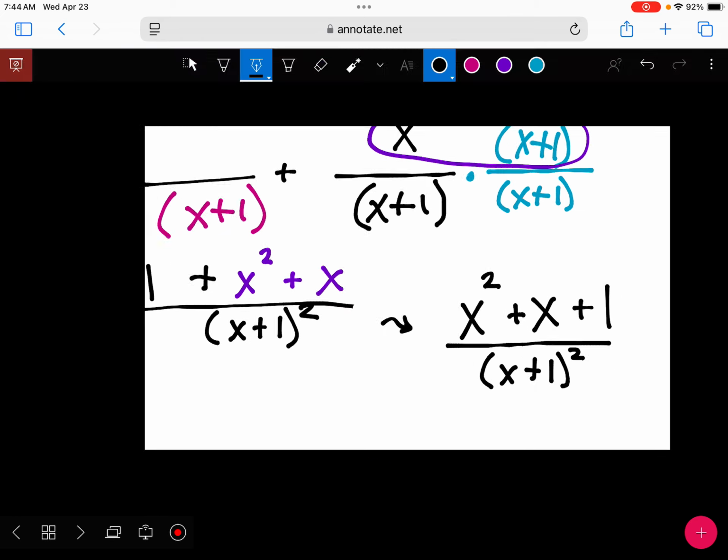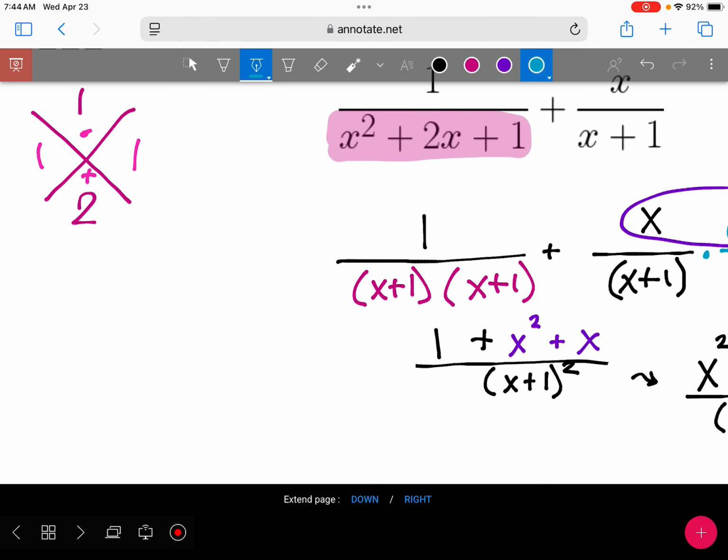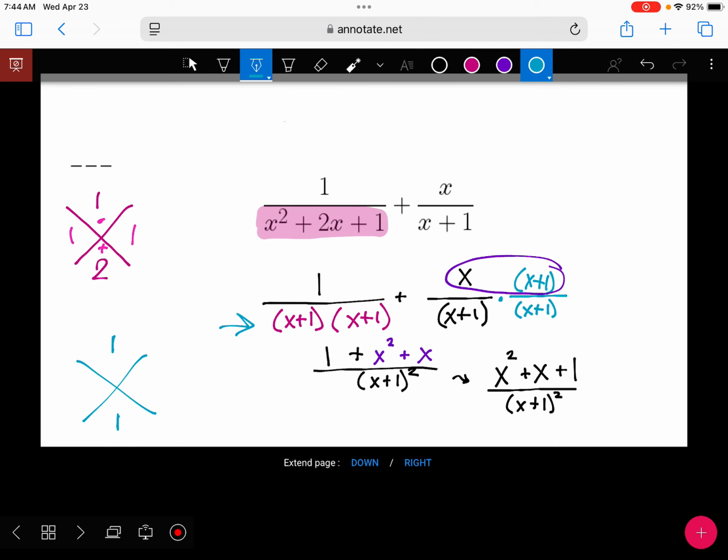Wouldn't it just be x plus 1 and x plus 1? That's what we had up here. Is there a pair of numbers that multiplies to be 1 and adds to be 1? No. So this one will not factor, but it's a good idea to check.